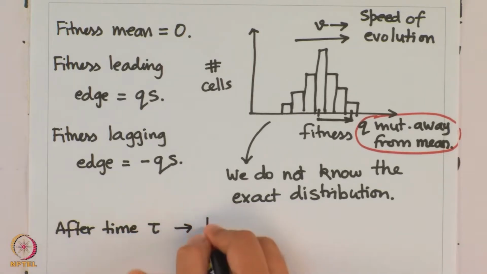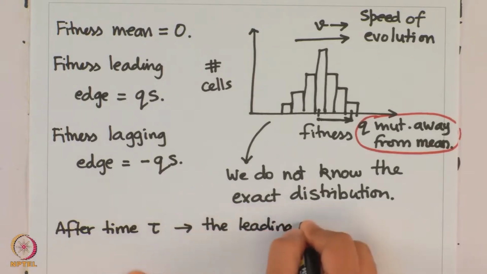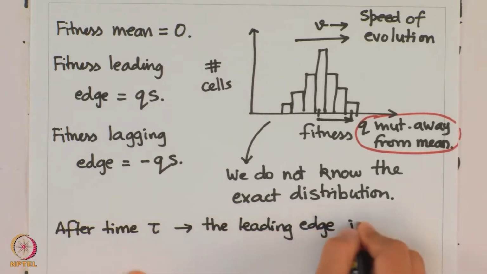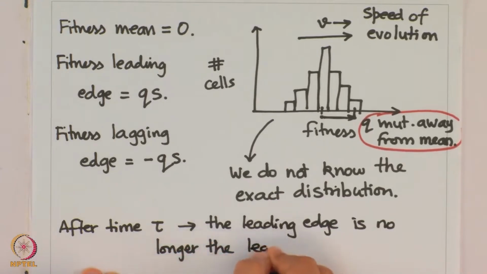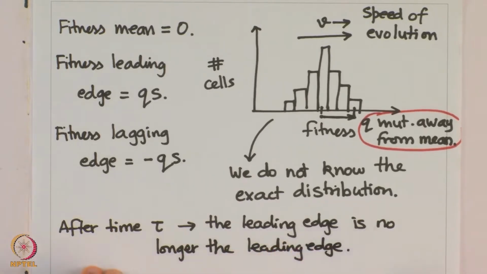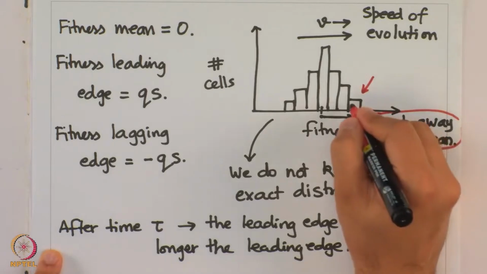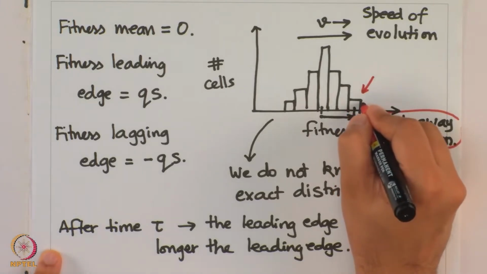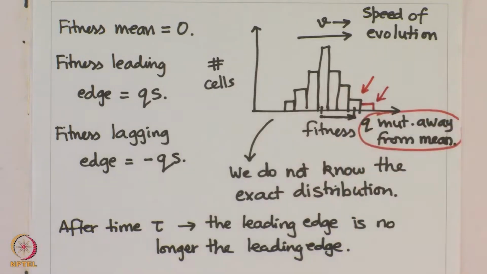the leading edge is no longer the leading edge. Let tau be that time after which this leading edge is no longer the leading edge, and this will no longer be the leading edge when another beneficial mutation has become established in the population.